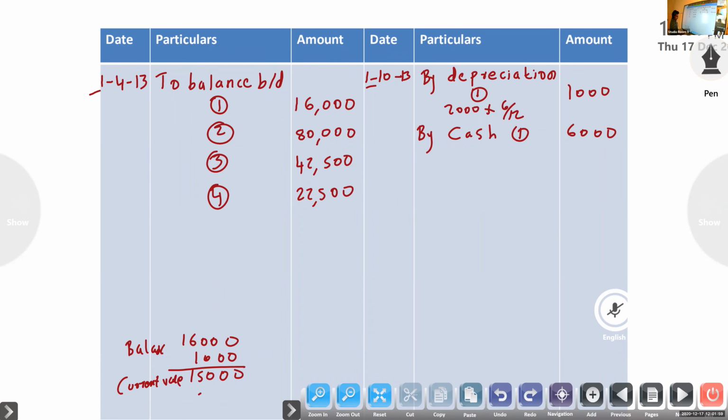Sold for rupees 6,000. So loss: 9,000. So by profit and loss account, 9,000.